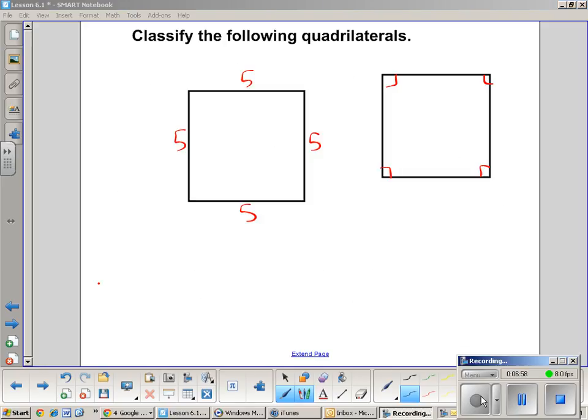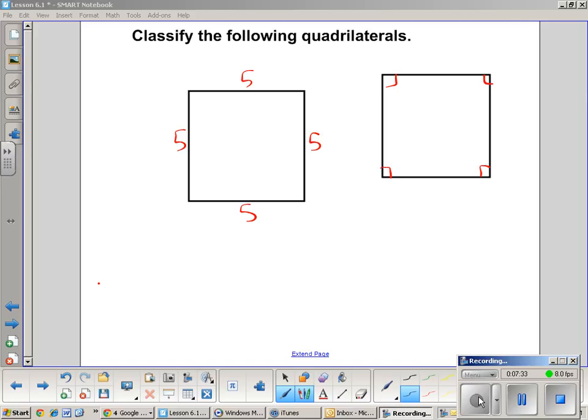I want you to copy these two quadrilaterals down quickly and quietly, and only put the information that's there. And we'll talk about classifying this. On the test, there'll be questions like this that say classify the quadrilaterals. And I caution you, you can't just look at this and say, well, that's a square because it looks like a square. Neither of these are squares.